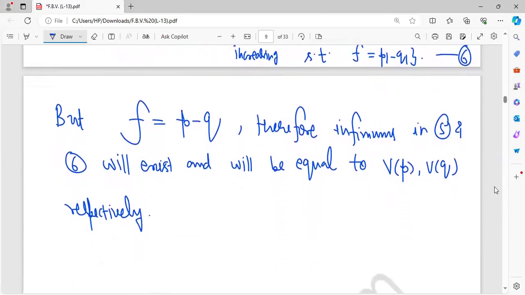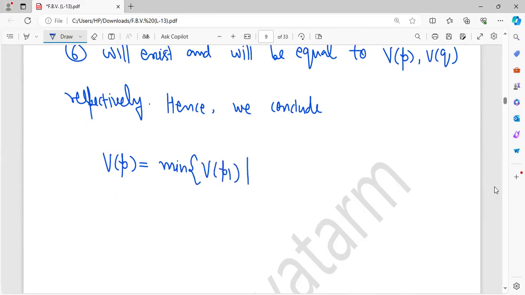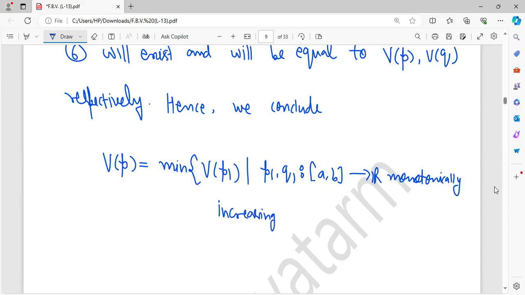Therefore, hence we conclude VP is equal to minimum of VP1 such that P1 and Q1 from closed interval AB to R monotonically increasing such that F is equal to P1 minus Q1.